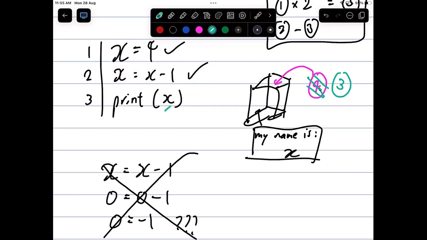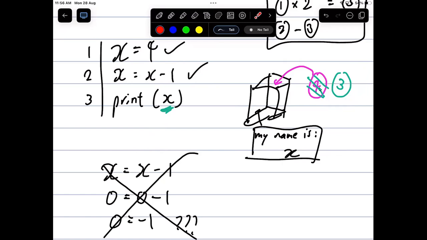So now you print x. What do you expect to be printed out? x is 3. When you print x, what you're doing is you're finding the box, and then you open up the box and you see what present you have inside. Oh, the present inside is a 3. So you print x, you get a 3 as your output. Does it make sense?